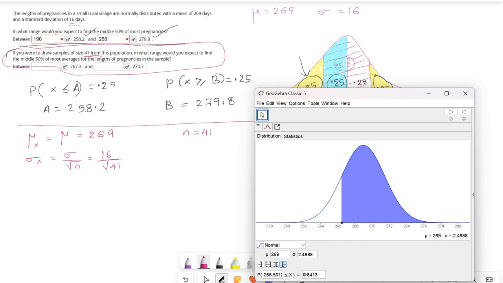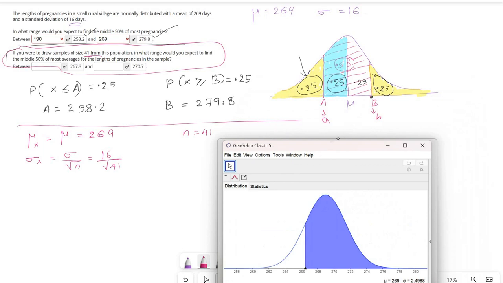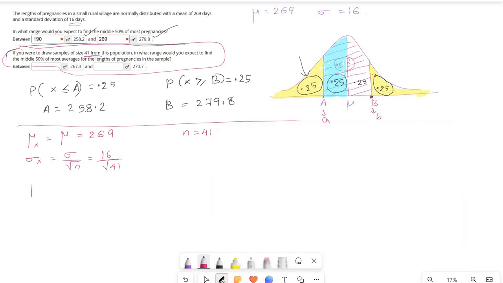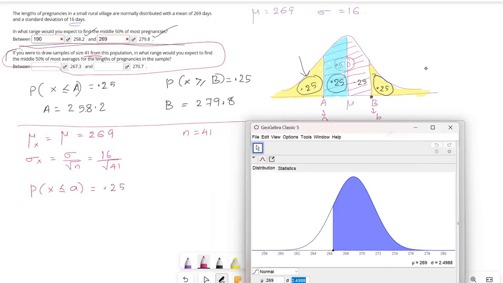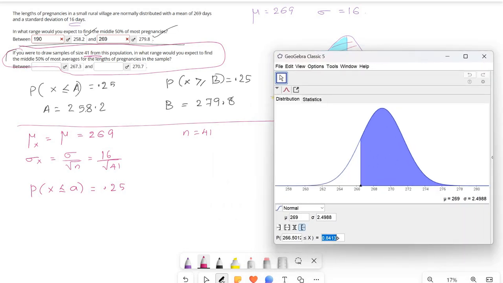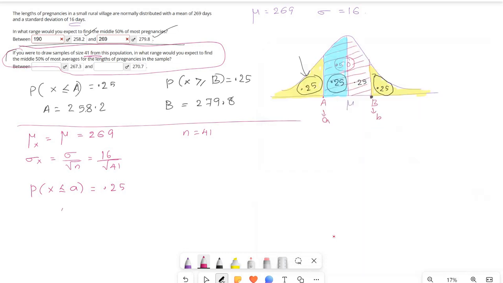Then we find the probability that x is less than or equal to small a equal to 0.25. Picking the first option, it gives 267.3, so a is 267.3.